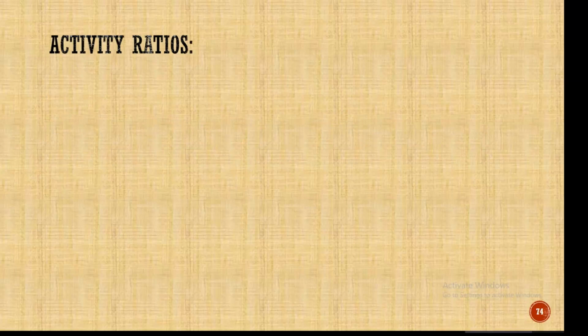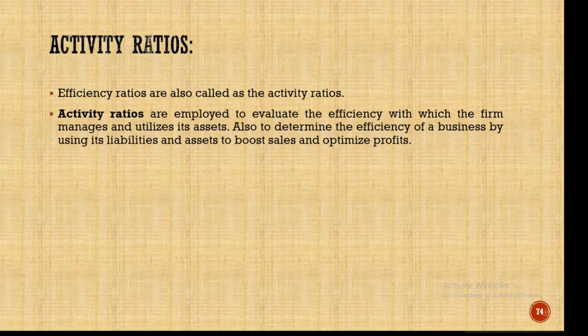Next is activity ratios. Activity ratios are also called efficiency ratios. Activity ratios are employed to evaluate the efficiency with which the firm manages and utilizes its assets. Also, to determine the efficiency of a business by using its liabilities and assets to boost sales and optimize profit.